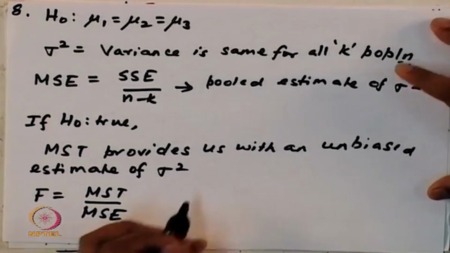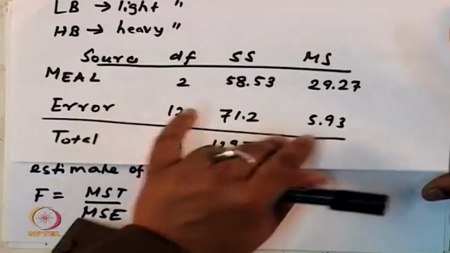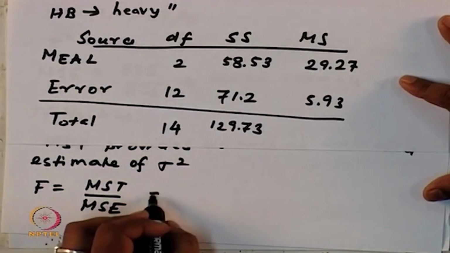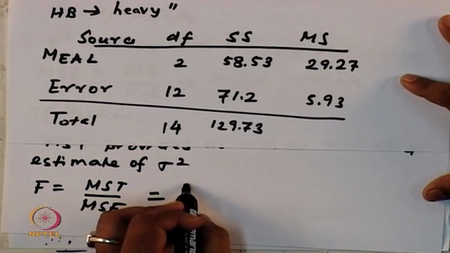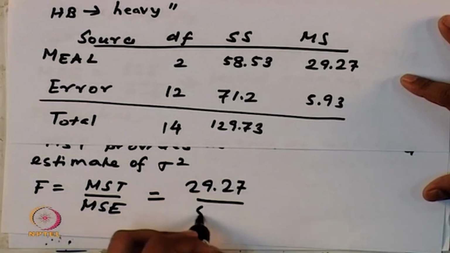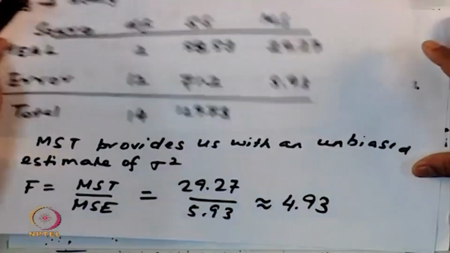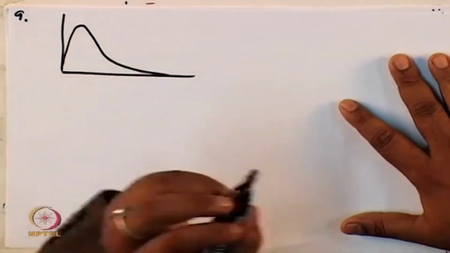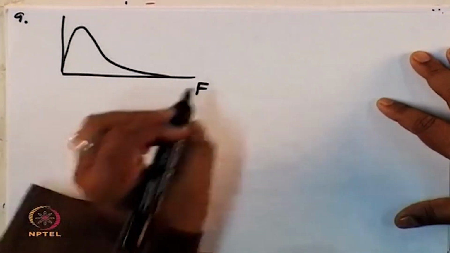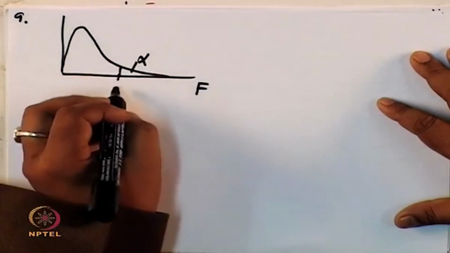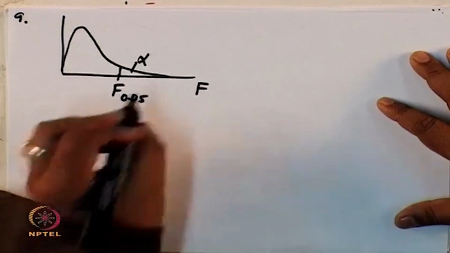Okay. So, in our case, for this example that we did, we can calculate the F value, which is 29.27 by 5.93, and it comes out to be 4.93. Okay. So, for this case F turns out to be 4.93. You can calculate from the F curve, what is F 0.05.